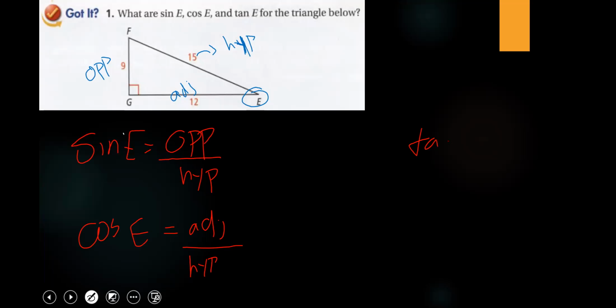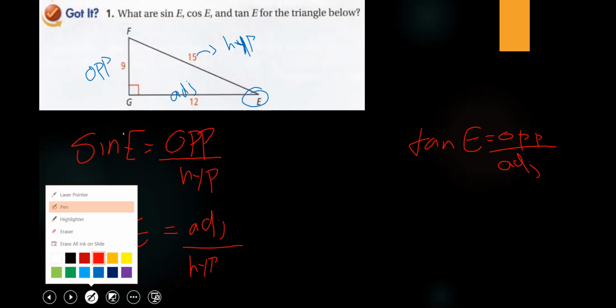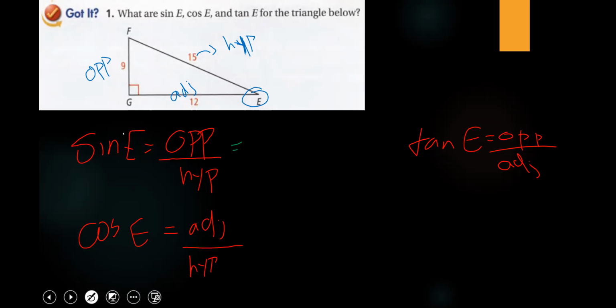And tan E is the opposite over the adjacent. Now, sine E for angle E here. Where is the opposite? 9. 9 over the hypotenuse 15.